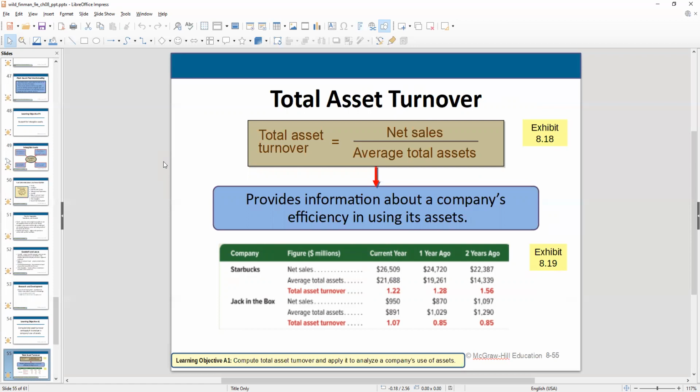As we can see, comparing Starbucks to Jack in the Box, we have a total asset turnover of 1.22 for Starbucks, and a total asset turnover of 1.07 for Jack in the Box. And you can see that asset turnover got worse with Jack in the Box and seemed to improve with Starbucks over the last few years.